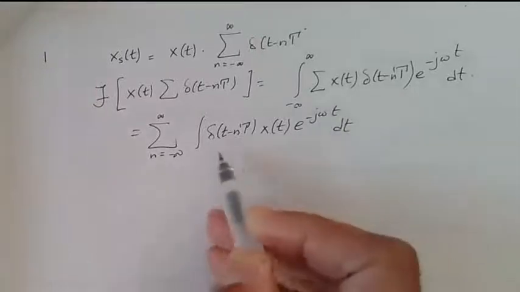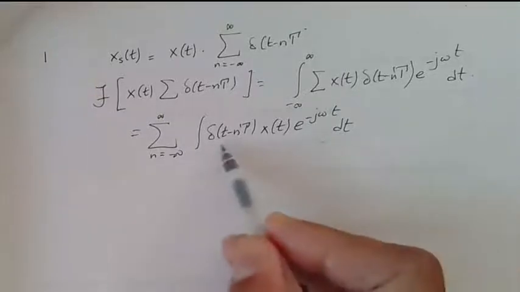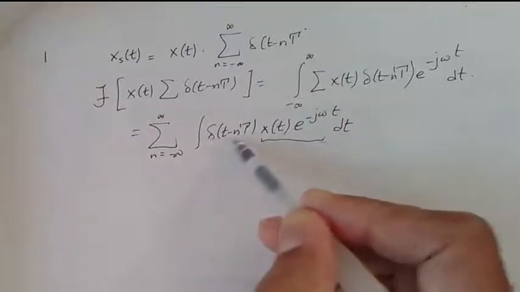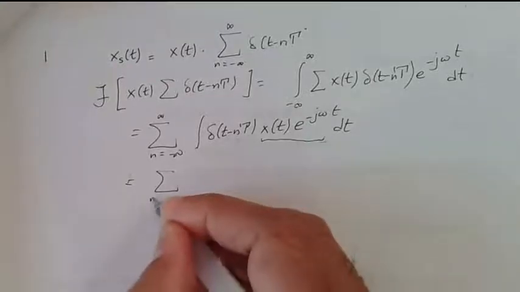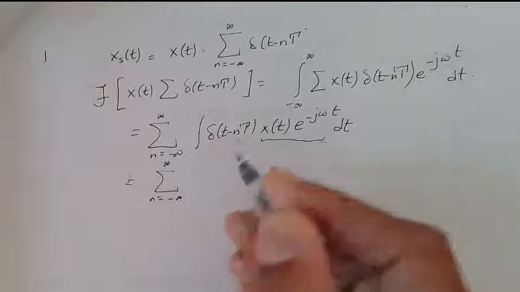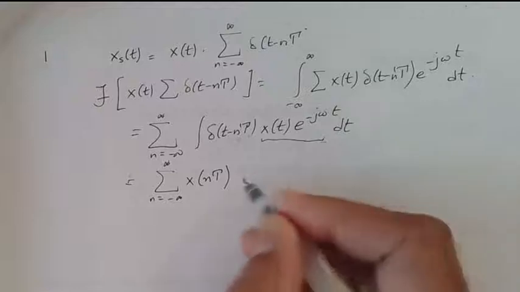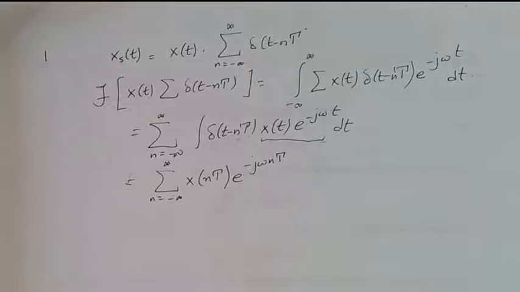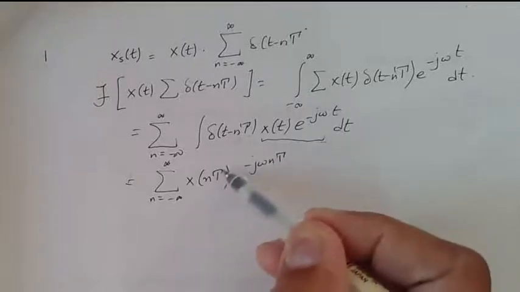And then we use the shifting property of the delta function, which says that the integral of this whole thing with respect to t is simply this thing with t replaced by n cap T. So this becomes the summation n equals minus infinity to infinity of x of n cap T e to the minus j omega n cap T. So this was the discrete time Fourier transform when we took cap T and normalized it to 1.